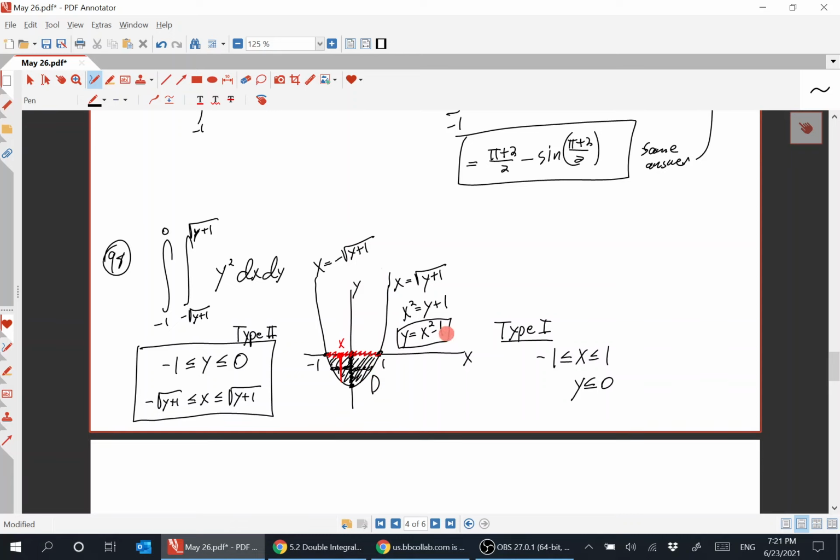And y equals x squared minus 1, of course, doesn't have an inverse function because it's not 1 to 1, but it's kind of got like an inverse function in two parts, right? The positive square root y plus 1 and the negative square root y plus 1. Right? So the lower bound for y is just x squared minus 1. So this should make an easier calculation than this original one here.